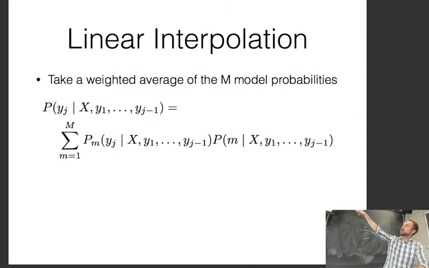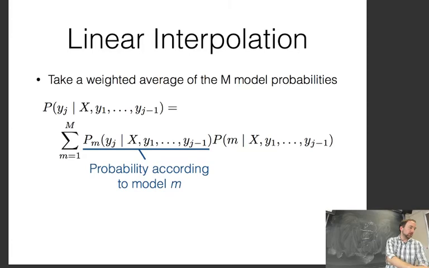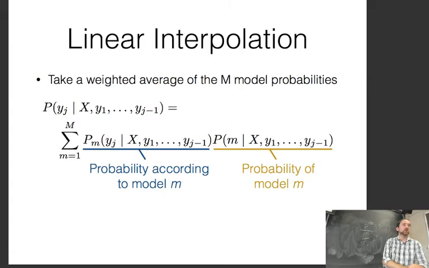Each model makes its own prediction. This is the probability according to model M. And here, this is the probability of using model M at this particular point. So each model makes its prediction, and you also make a prediction about whether that model is likely to be correct or not, essentially.